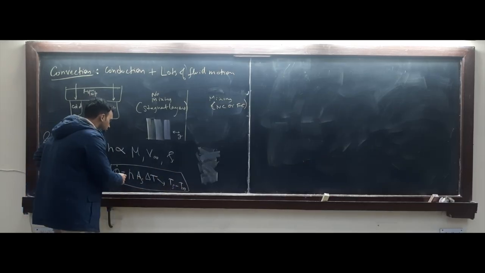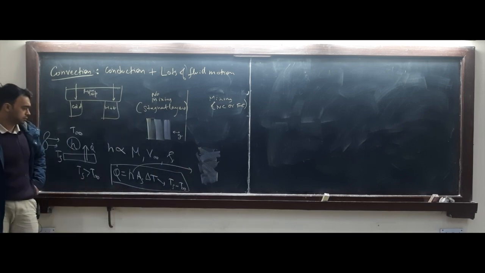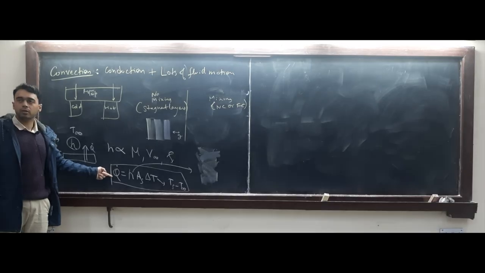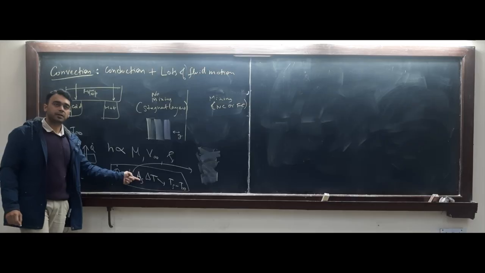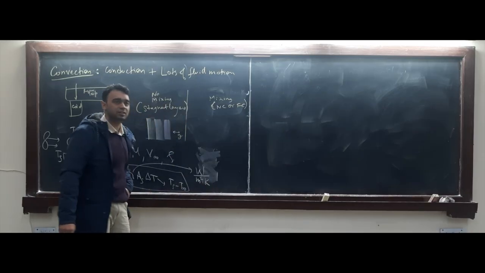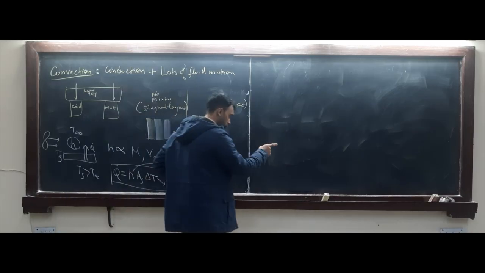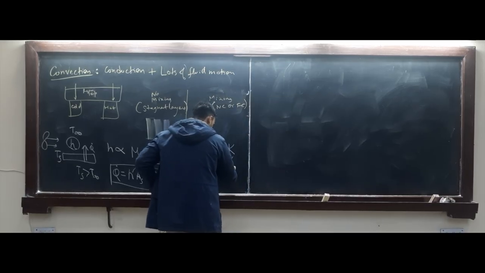And can you tell me what is the unit of h? What's the unit of Q dot? Watts? A meter square? Watts per meter square Kelvin or watt per meter square Celsius? We forgot to cover the unit for k, so let me write it here. What was the unit of k?